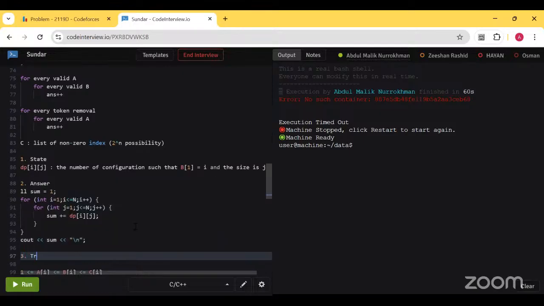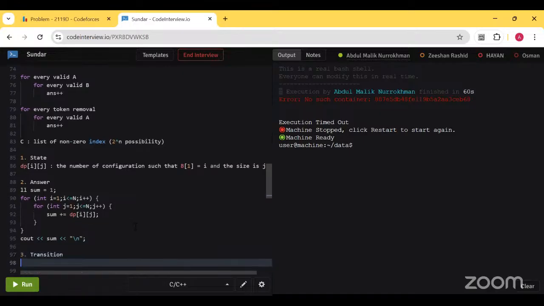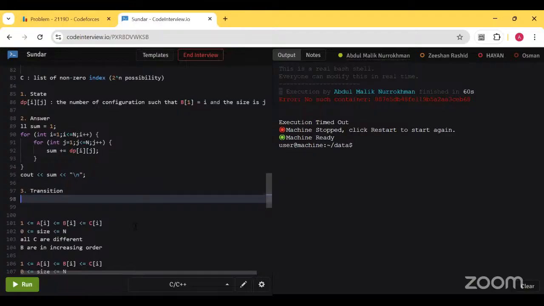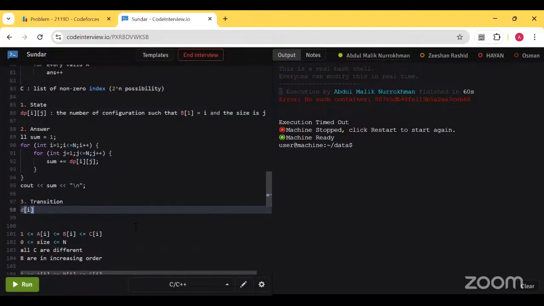And then how to find the transition? Okay. If the first value is i, and there are j values.